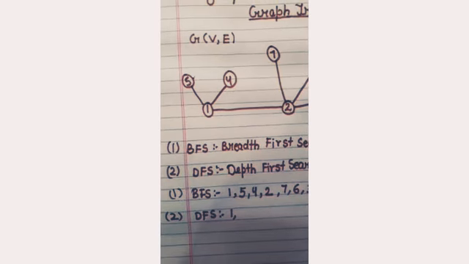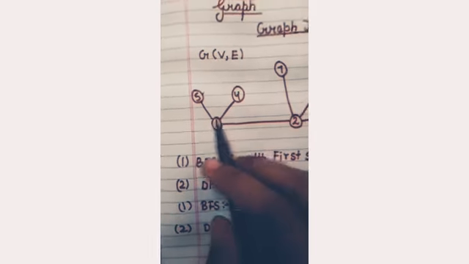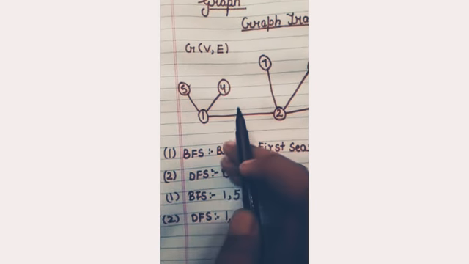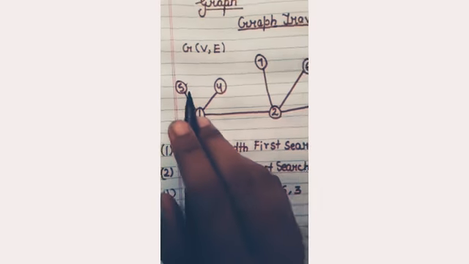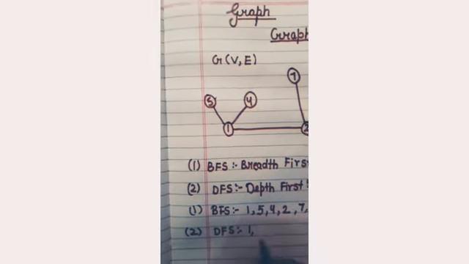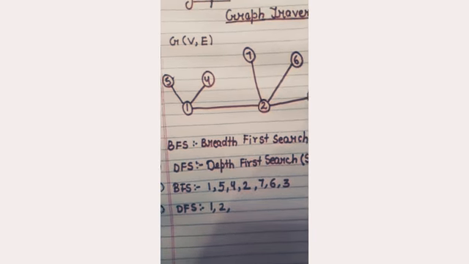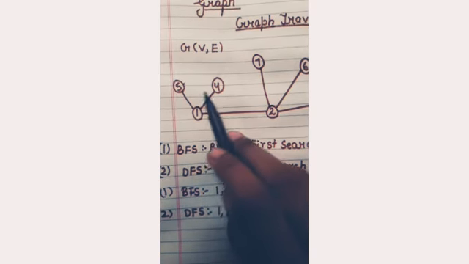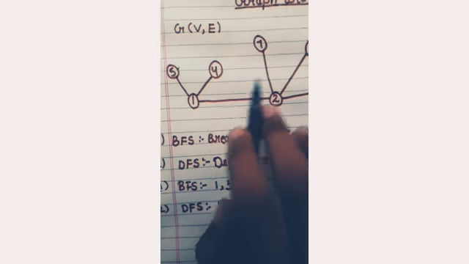Select only one adjacent vertex, but any one. So 1 has 3 adjacent vertices, 5, 4 and 2. I will choose 5. No, wait. To make your concepts more clear, I will choose 2. When you come on 2, you don't write 5 and 4. Fine. Only one needs to be written, not all the adjacent vertices.